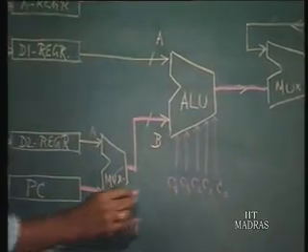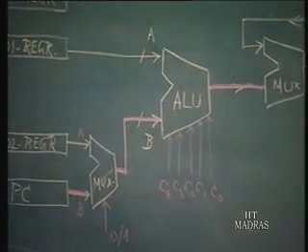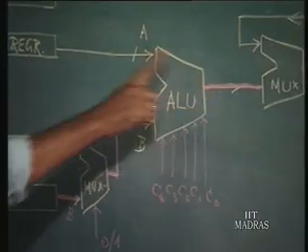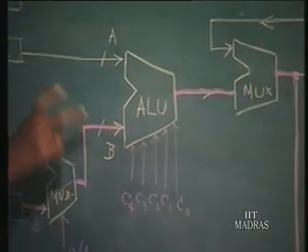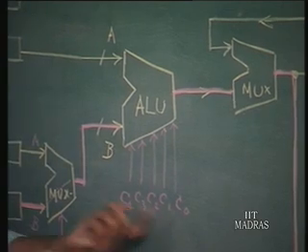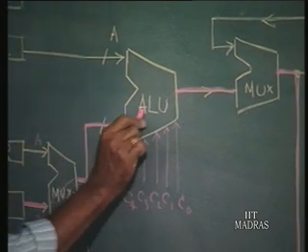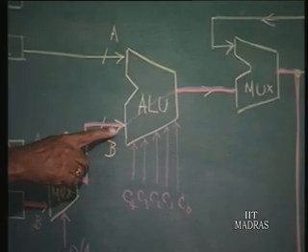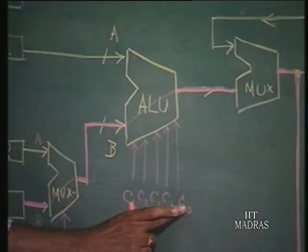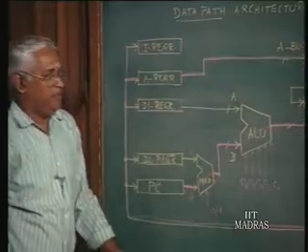So one particular code which says the output of the ALU will be what is placed on B, that particular code must be here, in which case the output will assume the B input. That code must be generated during T1.